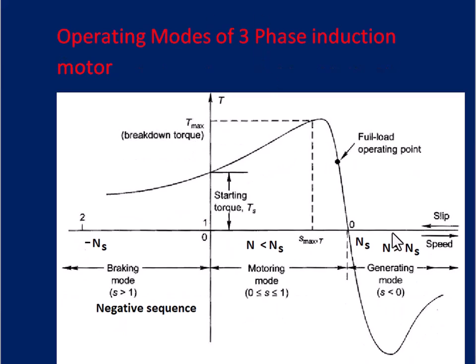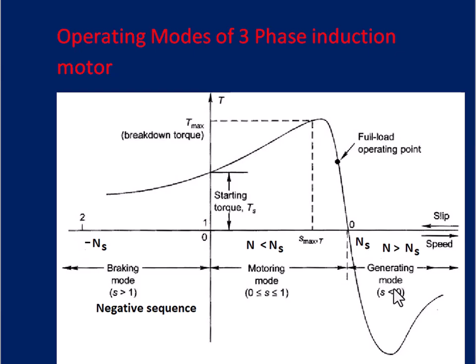If the induction motor rotor is coupled to the external prime mover in such a way that the rotor speed is more than the synchronous speed, in that case the induction motor works like an induction generator or in the generating mode, then the slip becomes less than 0, that is minus.